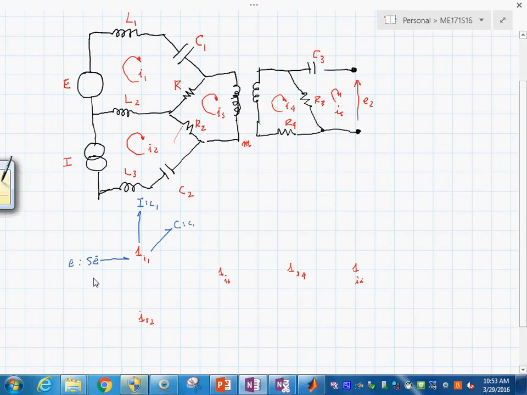On I sub 2 you have one that is a source of flow with value I, and then you have another I element with value L sub 3.